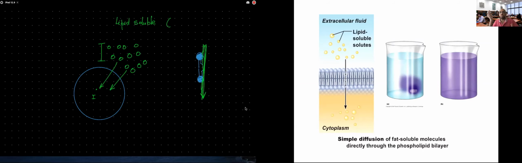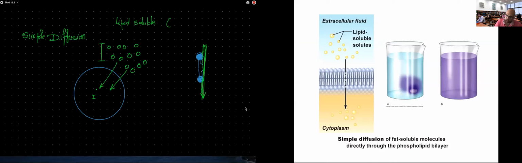Until I have the same concentration on both sides of the membrane. Here, the membrane is not limiting the passage of the lipid soluble molecules or solutes. So what do we call this type of transport in which I'm dealing with lipid soluble solute? This is simple diffusion.